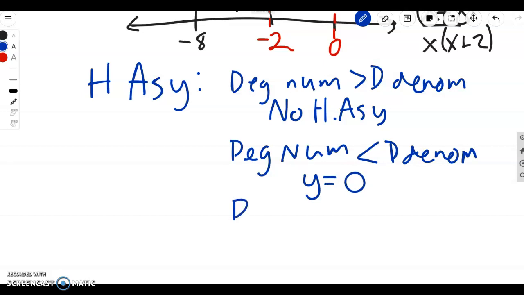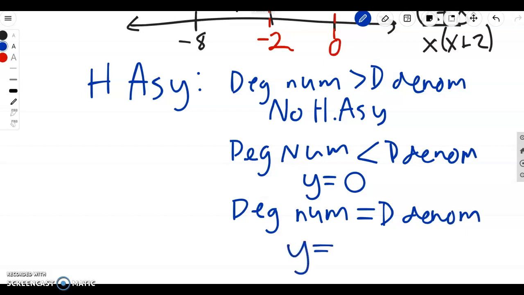And the third thing that can happen is if the degree of the numerator is exactly the same as the degree of the denominator, you're going to have a y equals equation, and it's going to be y equals the leading coefficient of the numerator divided by the leading coefficient of the denominator. So you would look at the numerator, find the leading coefficient, just some number, and divide it by the leading coefficient of the denominator. Whatever value that is, there will be a horizontal line through that value on the y-axis.